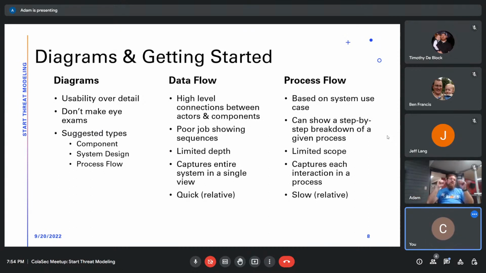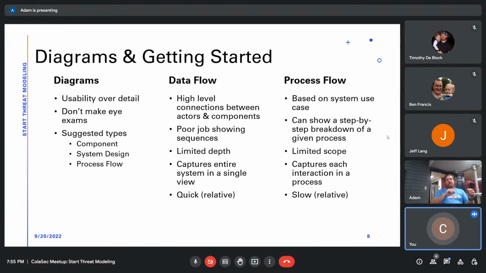The process flow diagram is much more focused on a single interaction. So if I'm going to register a new user, what are all the steps I've got to go through to make that happen? And when I'm building those diagrams, I want to get very, very granular. This user interacts with this system at the beginning, that system then interacts with that system, and I'm going to number those connections as I'm building that diagram to show how the data flows through the system.